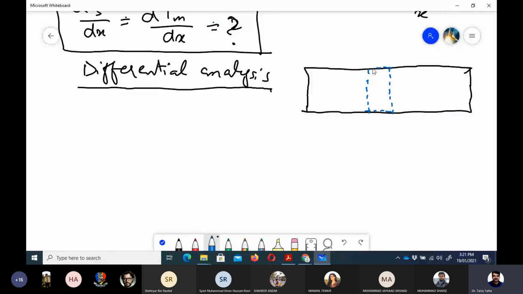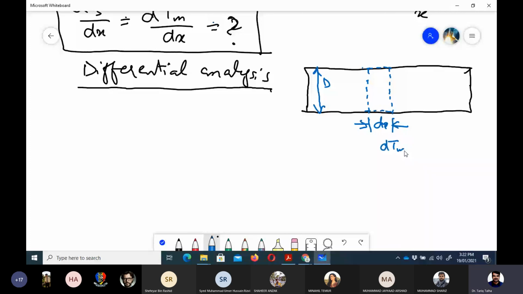The thickness of this element is dx. The diameter of this pipe is d, and here I have the temperature gained inside this differential element, that is dTm.